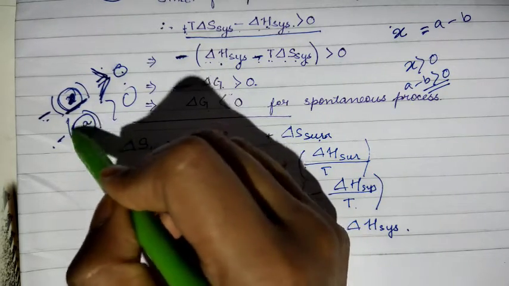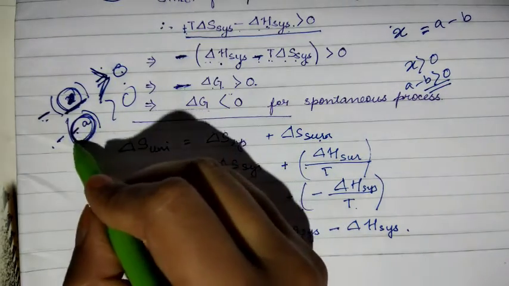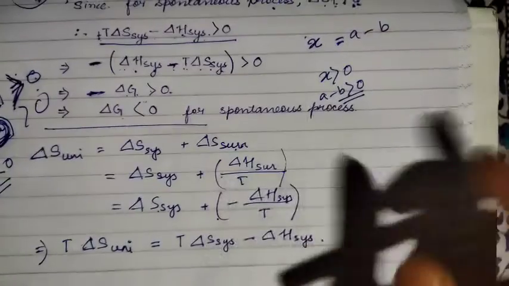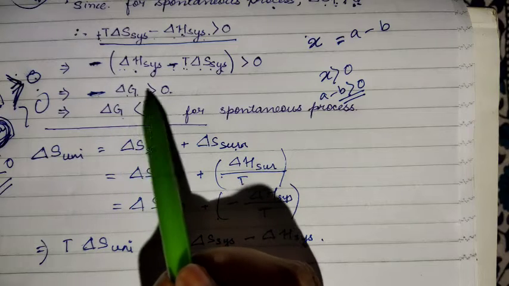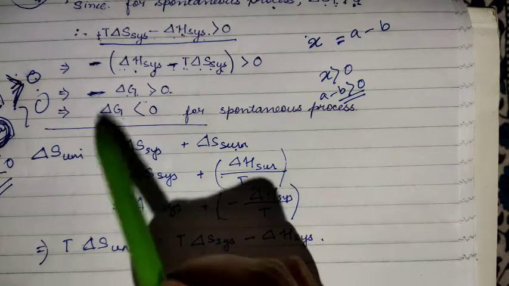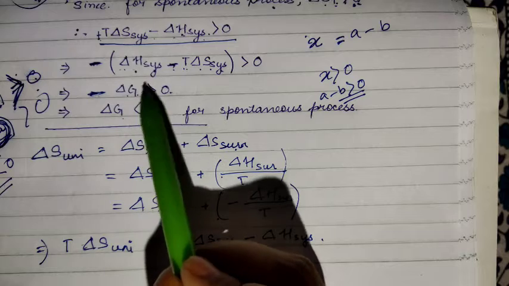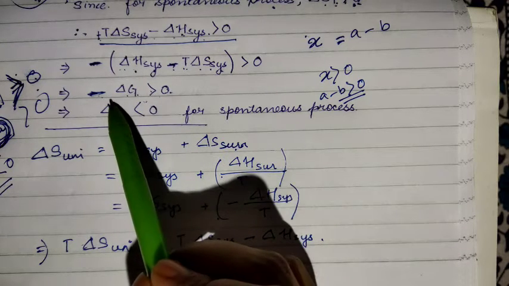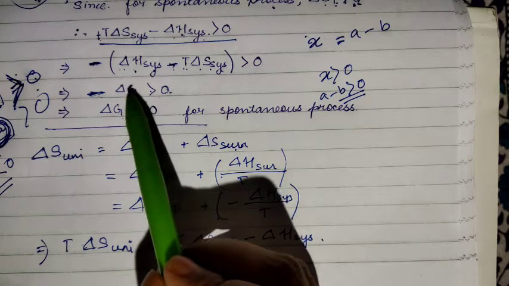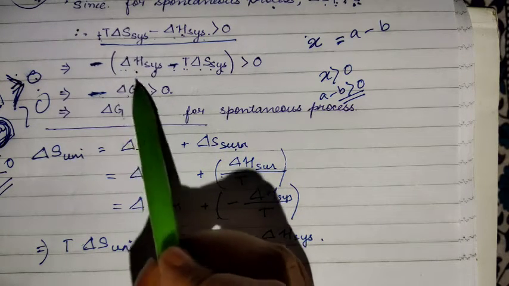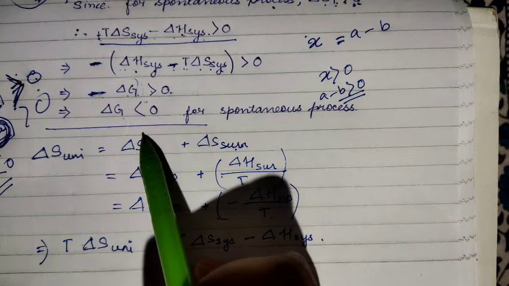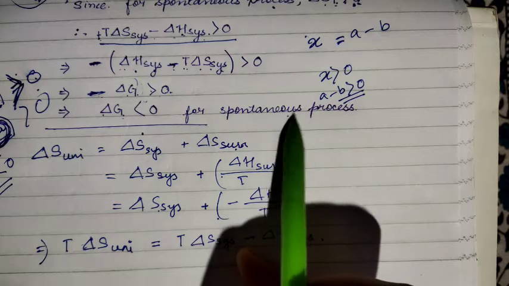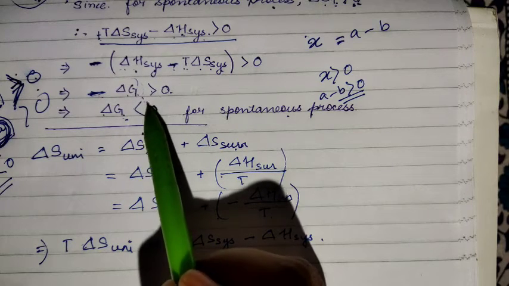Clear? Understood? So I can write that minus a is less than 0, obviously. Here we are saying that minus delta G is greater than 0. Is it possible? Never, because this is a negative sign and this is 0. How can this be greater than 0? Only under one condition, that delta G is negative. Delta G negative means it is less than 0. Is it clear now? So for Gibbs energy, for a spontaneous process, delta G is always less than 0.